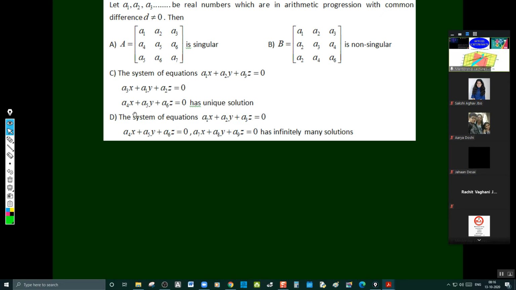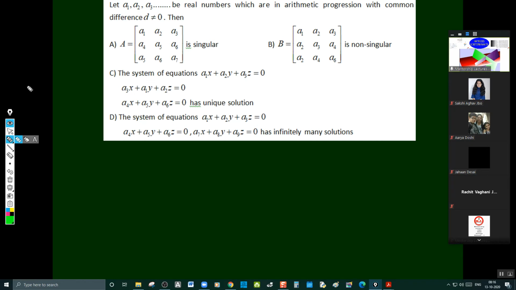Option C: the system of equations given here has a unique solution. Option D: the system has infinitely many solutions. Observe carefully that in C and D the systems of linear equations are homogeneous because they are equal to 0, with no constant term.